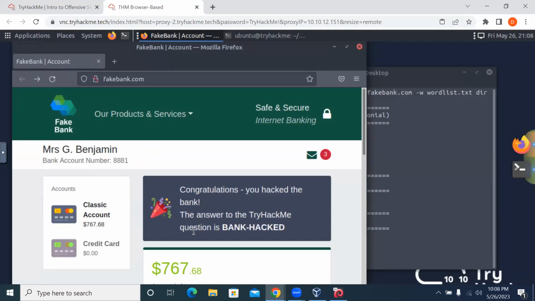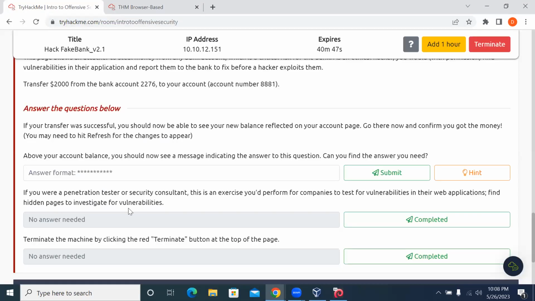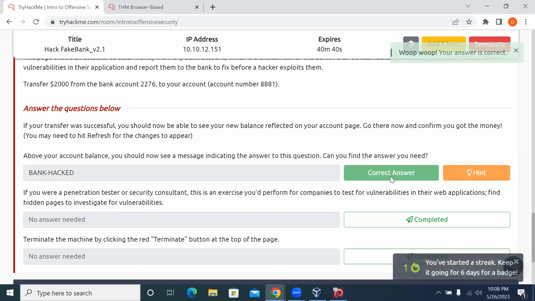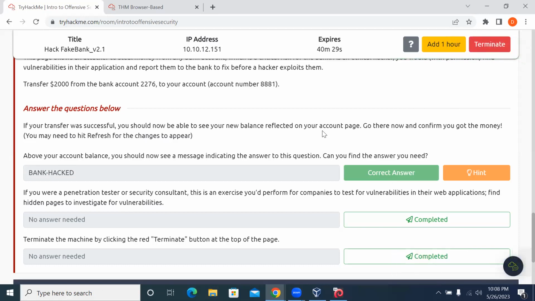The answer to the TryHackMe question is bank hacked, right? So you take this as your answer and go to your TryHackMe page, and then you put it as your answer there, bank hacked, and you submit. You notice that, okay, whoops, your answer is correct. So this is the process involved in TryHackMe. You carry out a task like this, and you get what we call the flag, because this answer is referred to as the flag, right?